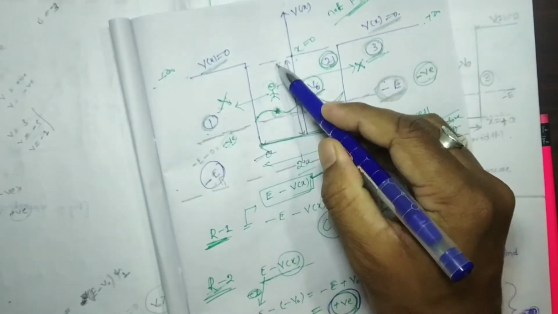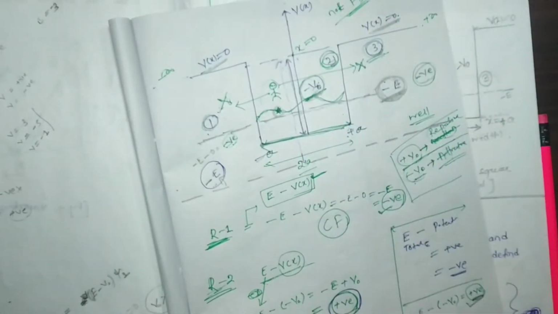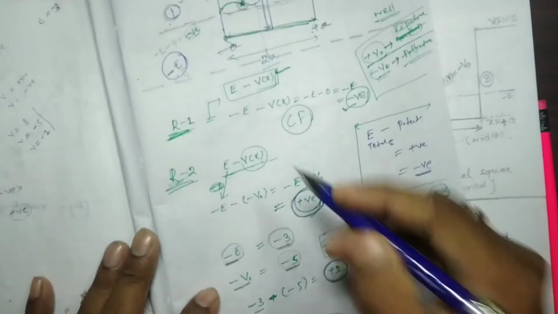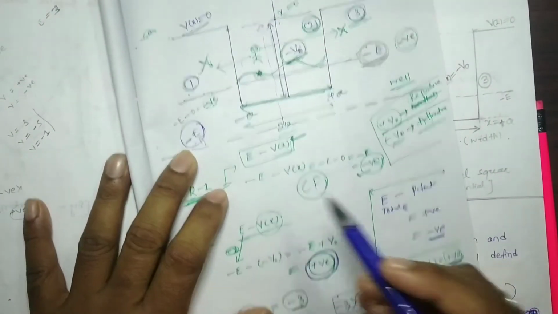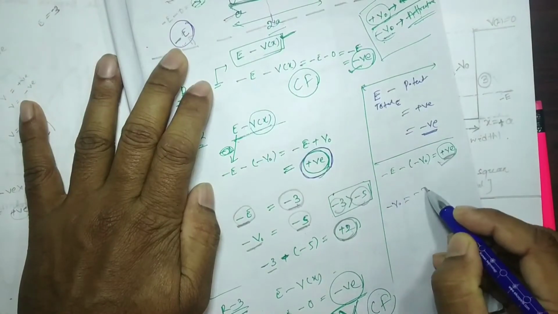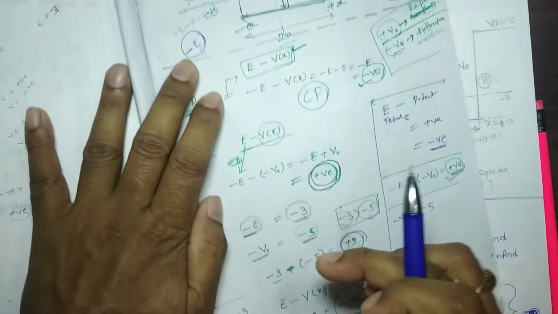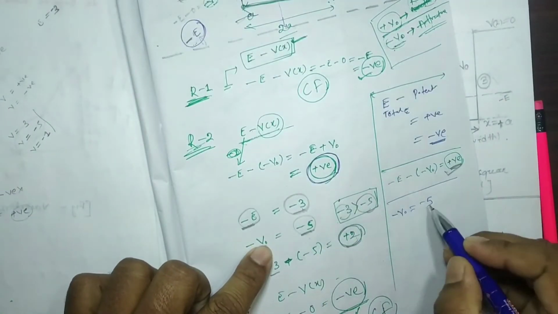Okay, so if you consider this depth from x equal to 0 to this depth, suppose you can take this as minus V0. So here we consider minus V0 means minus 5. This depth we considered, with an example, as minus 5.